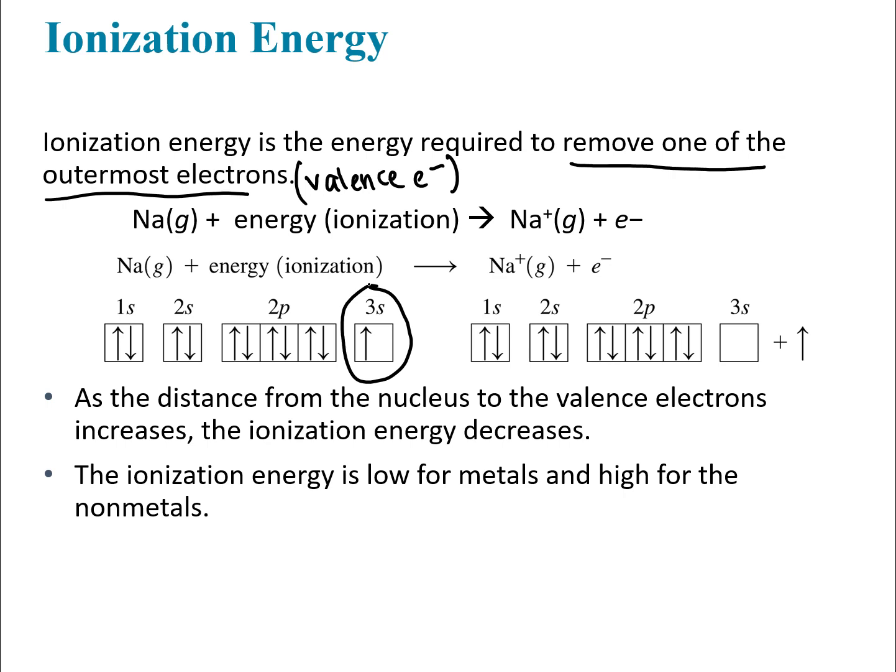There's only one. The amount of energy that it takes to remove that electron is the ionization energy. As the distance from the nucleus to the valence electrons increases, you're going to have a decrease in ionization energy.